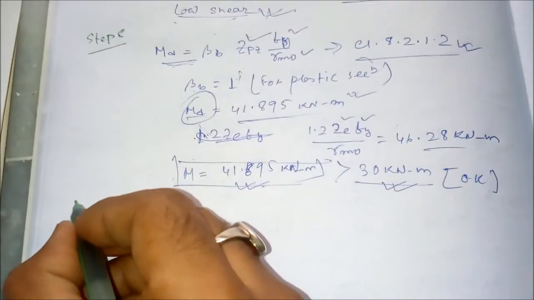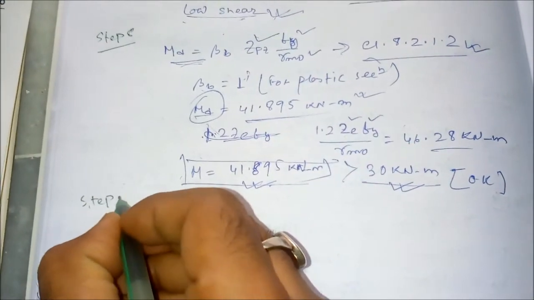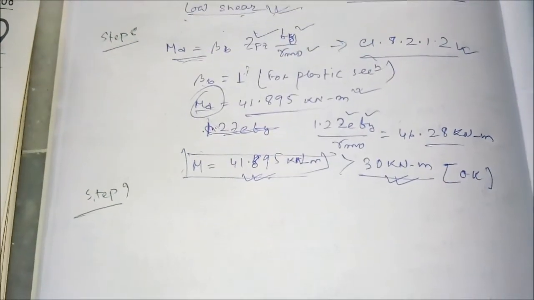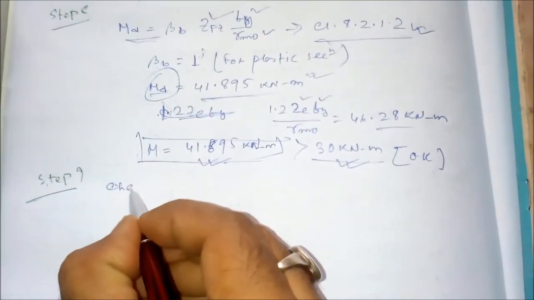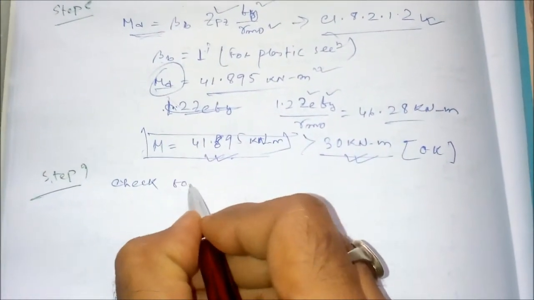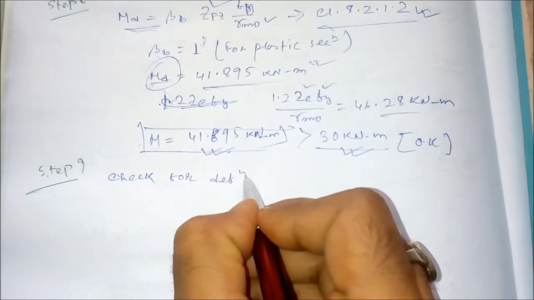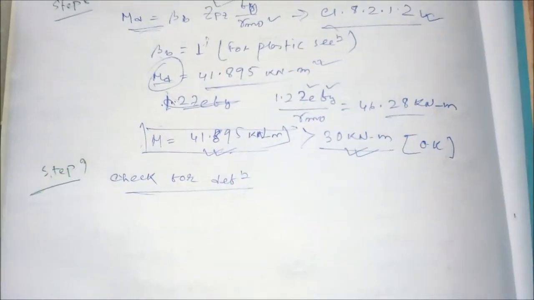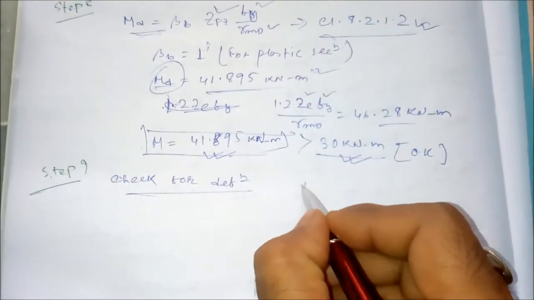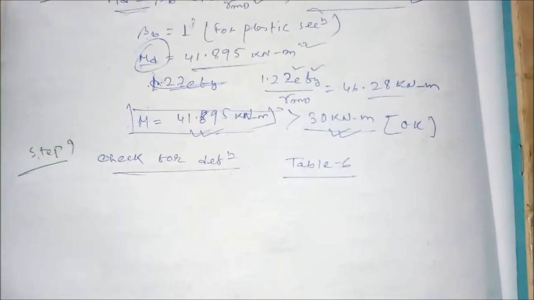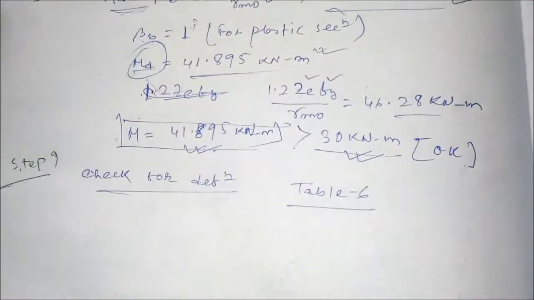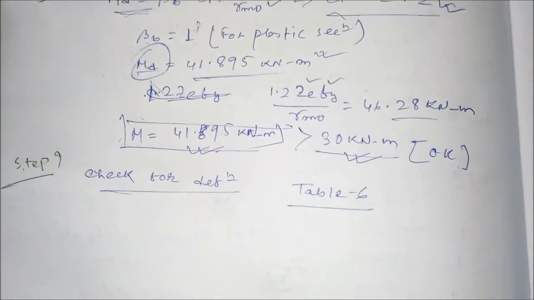Now in the next step, step number 9, we can check for deflection. You can do this check using table number 6 given in your IS code, IS 800.